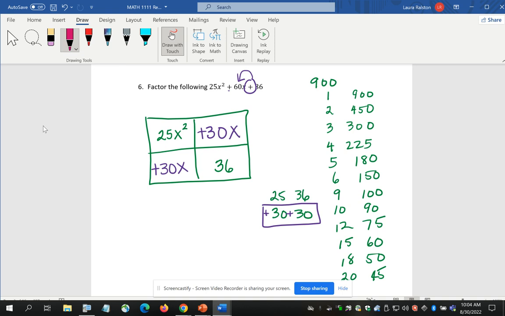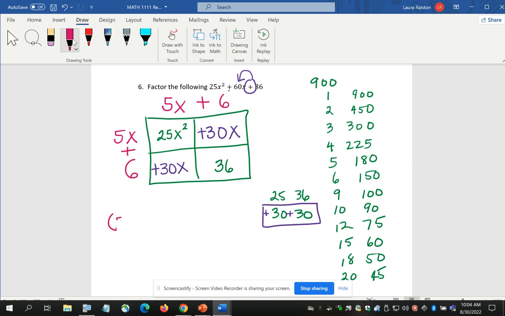So for 25x squared plus 30x, I have 5x squared, or excuse me, not x squared, just 5x. 30x plus 36, I have a common factor of 6, and it's positive. 25x squared plus 30x, I have a common factor of 5x. 30x plus 36, again, I have a common factor of 6.